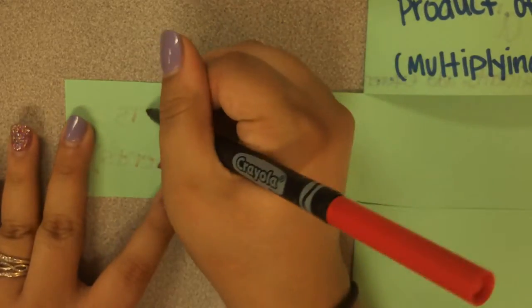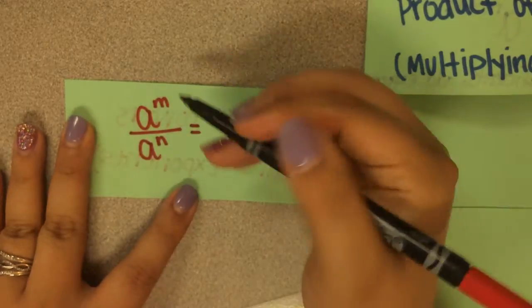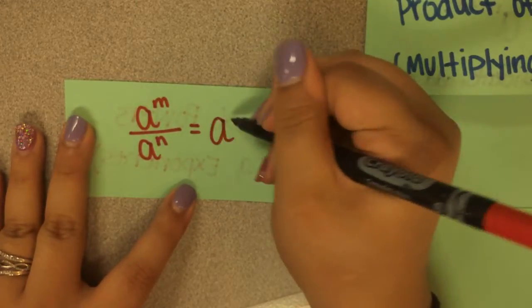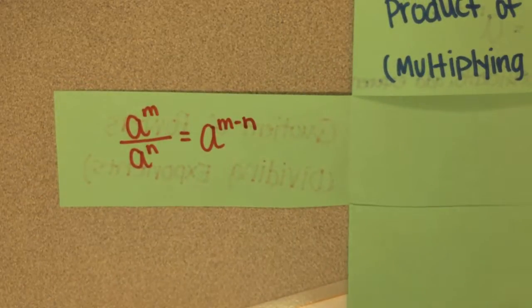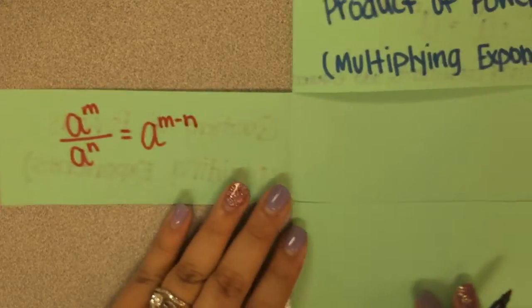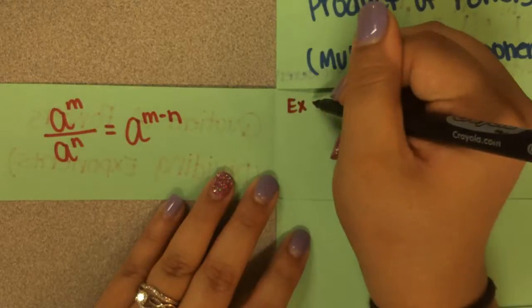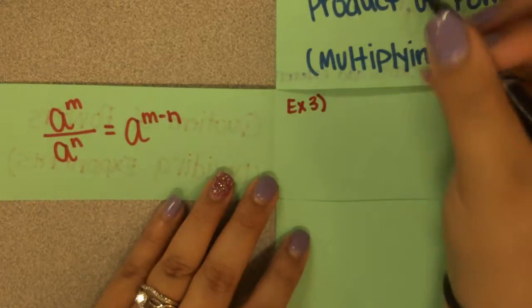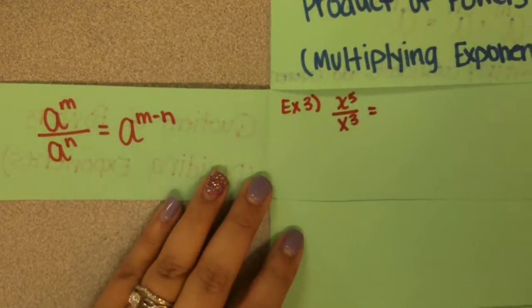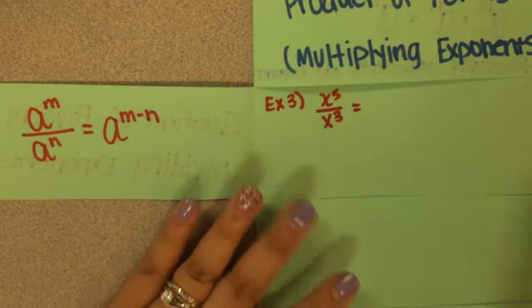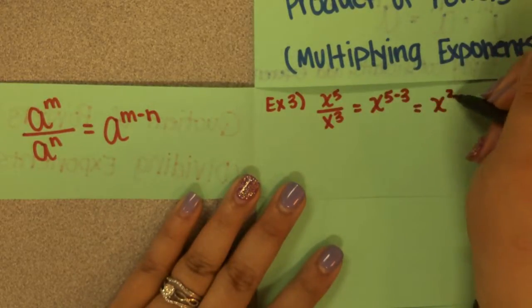If I have a to the m divided by a to the n, what do we do to our exponents? We subtract. So an example of this will be example 3. If I have x to the 5 over x to the 3, I could expand them out. You totally could. But I'm going to do the rule. 5 minus 3 is x squared.